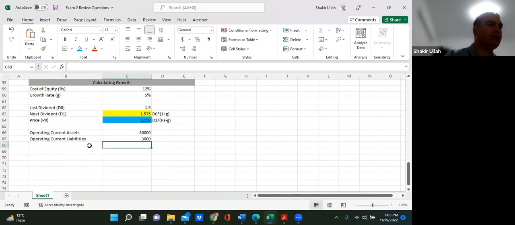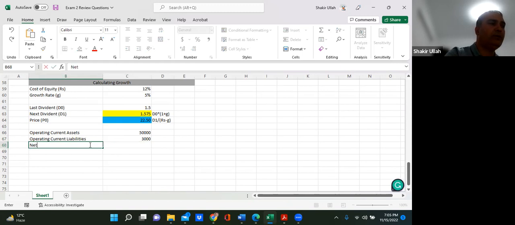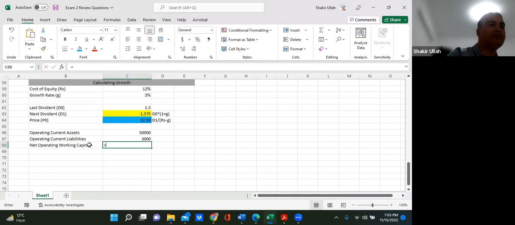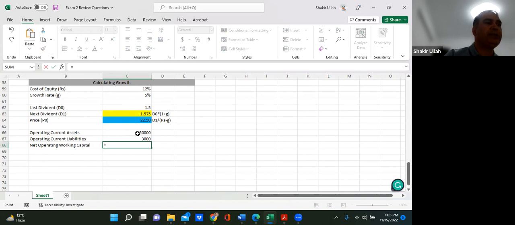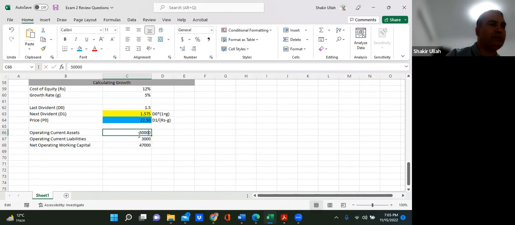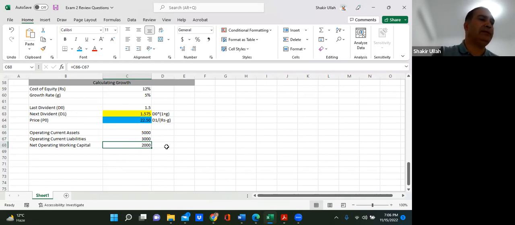Then the question would be, what is the net operating working capital? That is basically the difference between the operating current assets minus the operating current liabilities. So that is 5,000, and we have 3,000 in operating current liabilities.